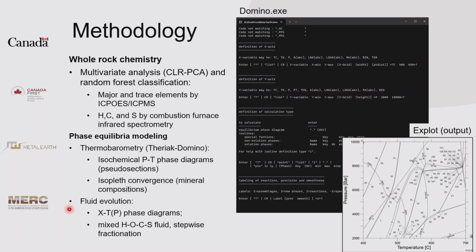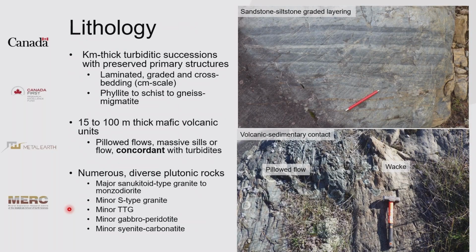Okay, so the Quetico is mostly characterized by very thick sequences of turbiditic rocks with mostly laminated bedding, graded bedding, and rare cross bedding. This goes from phyllitic at the margins to gneissic and migmatitic in the core. The other important units are the mafic volcanic units.